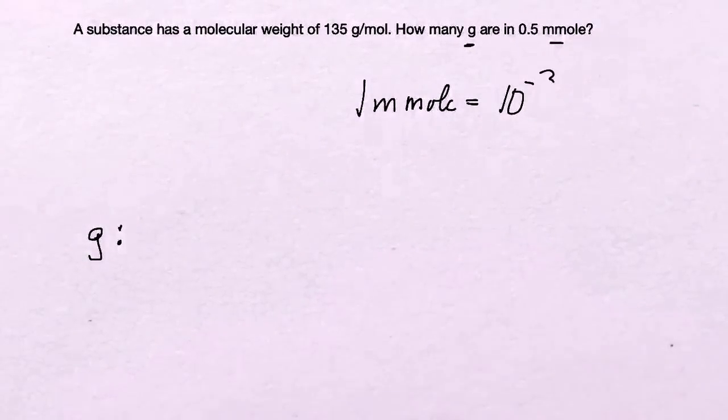For this calculation, what are we looking for? What is the unit that we are looking for? We are looking for grams, so we write that down as grams again. We also have a milli here, and this millimole, whatever mole might be, so we know that 1 millimole equals 10 to the minus 3, that's this milli here, mole.